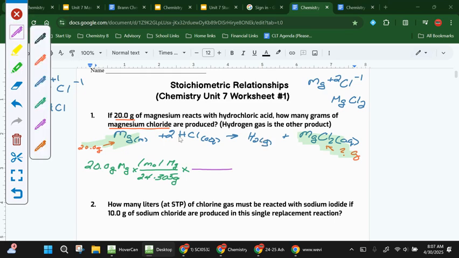So our fraction here has the one that we are in on the bottom. So mole of magnesium. Now, the number that comes in front of the mole comes from the coefficient in the balanced chemical equation. Now, there is no number there, so what does that mean? That means 1. That means 1.